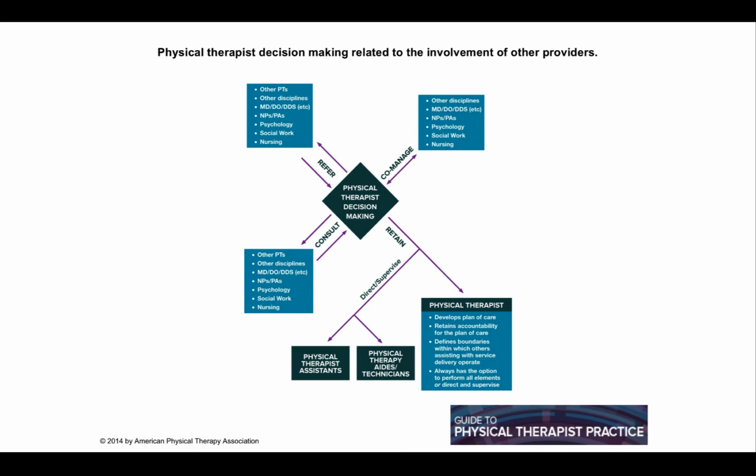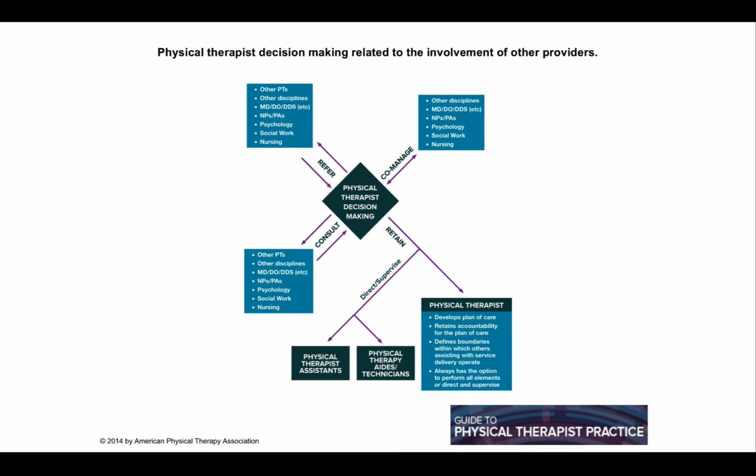So physical therapist decision making is kind of the last piece, or almost the last piece, of the introduction of the Guide to PT Practice. And you can see there that at any one time, a patient's management and decision making of working with a patient can involve other disciplines and other professionals.